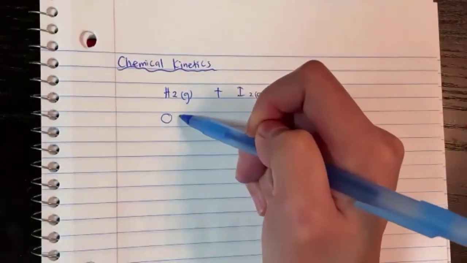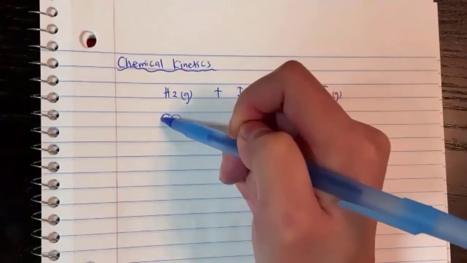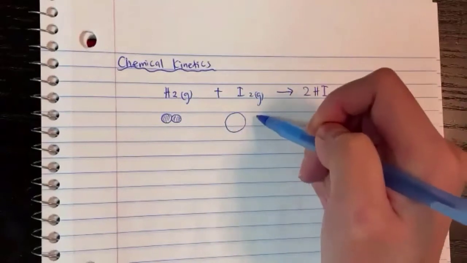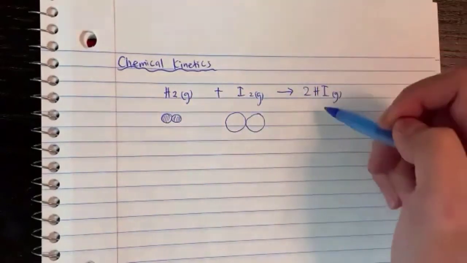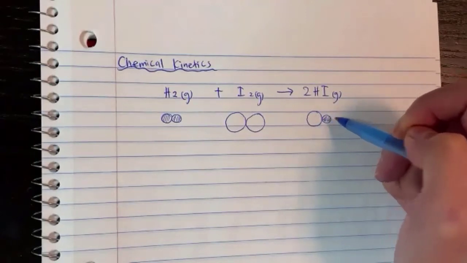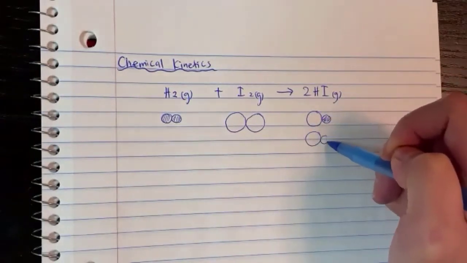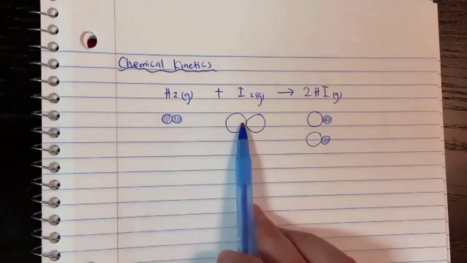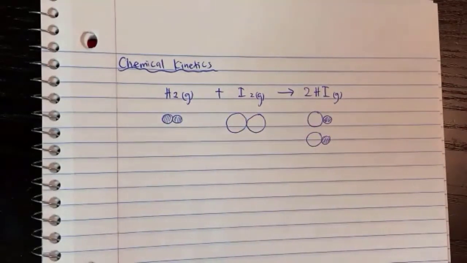So hydrogen is a small gas, so maybe this is my hydrogen. Iodine is bigger, so I'll draw bigger ones. And then HI would be a big one and a little one mixed together. Okay, so every time you use one H2 and one I2, you pop up with 2HI.